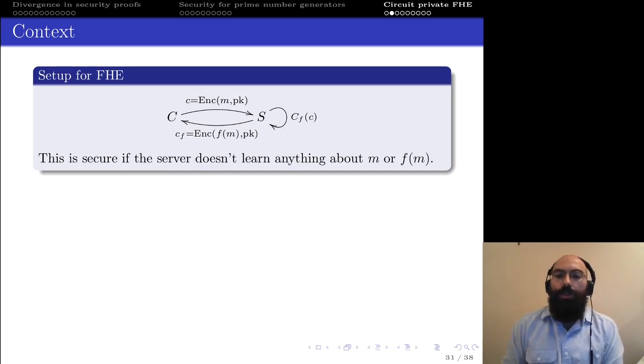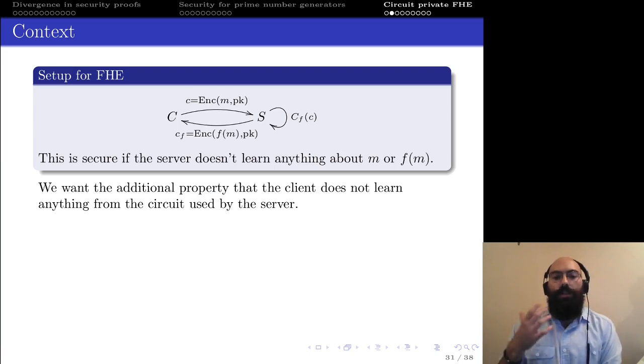We want an additional property that the client does not learn anything from the circuit used by the server. And this is useful, for example, if you're a company and you have a private algorithm that your clients use, and you don't want them to learn anything about the algorithm.